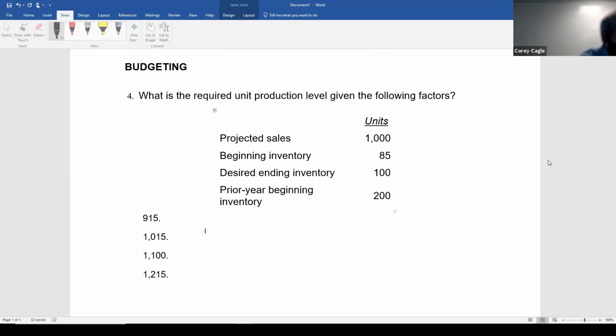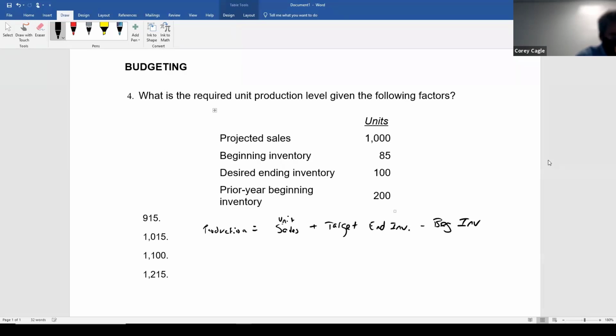We know our production budget is unit sales plus target ending inventory minus beginning inventory. Very important to know that.